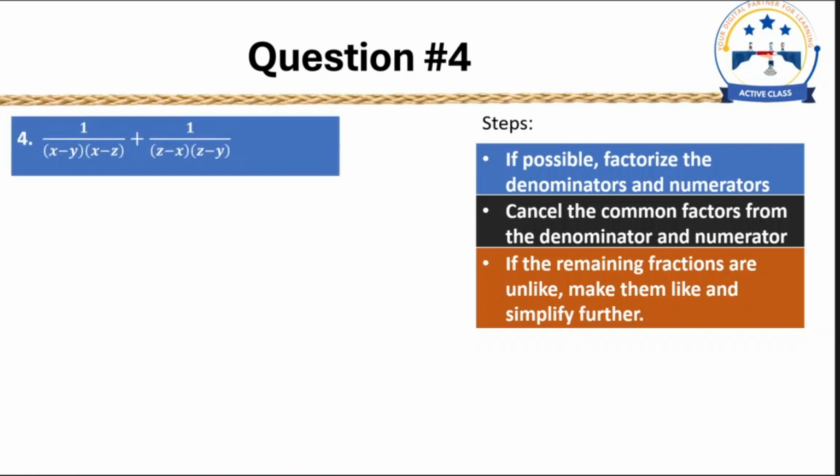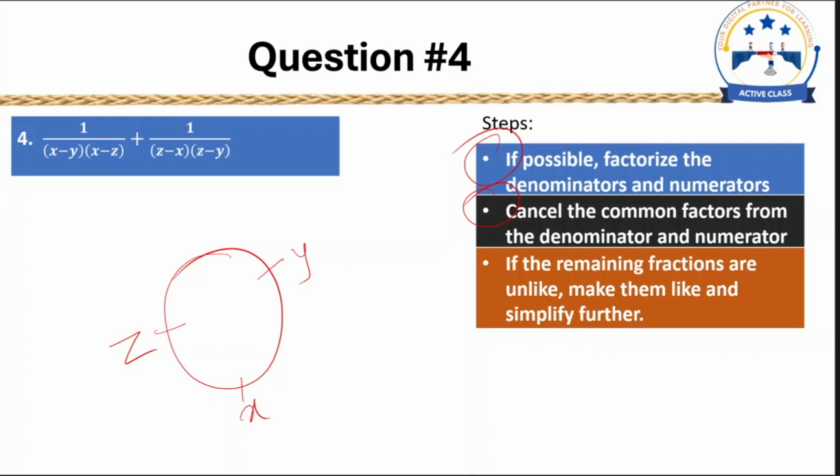Simplify this question. As I told you before, if there are same factors but only the symbols are opposite in the middle, then we can make them same by simply taking minus as the common. If three consecutive alphabets are involved, then we can make the subtraction a cyclic one. Means like x, y, and z are the three consecutive alphabets, right?